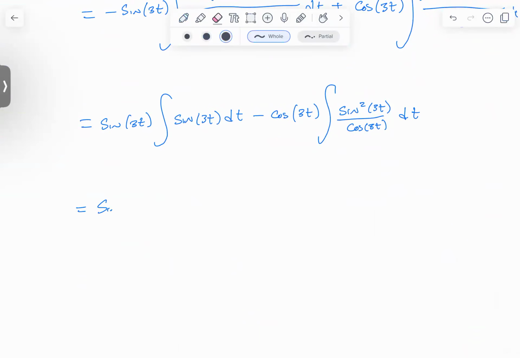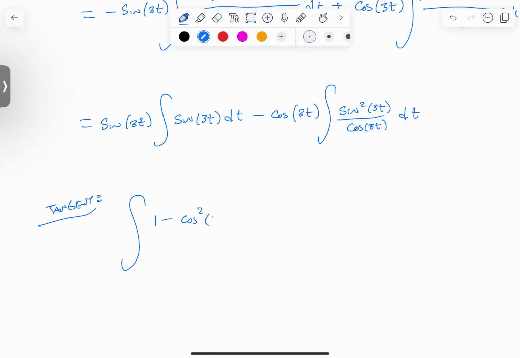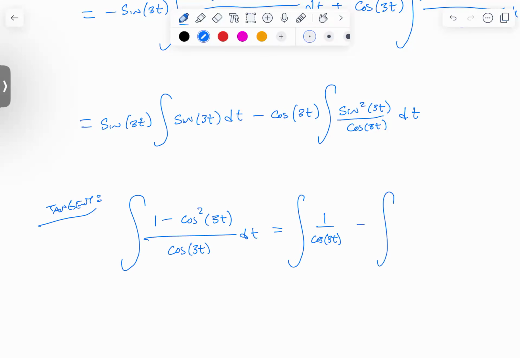Okay, so we need to take a pause. The rest of this is gonna be easy, right? So this becomes (1 minus cosine squared 3t) all over cosine 3t dt, which actually becomes two separate integrals: the integral of 1 over cosine 3t minus the integral of cosine squared all over cosine, which just becomes cosine.